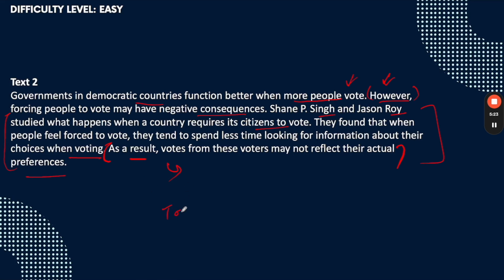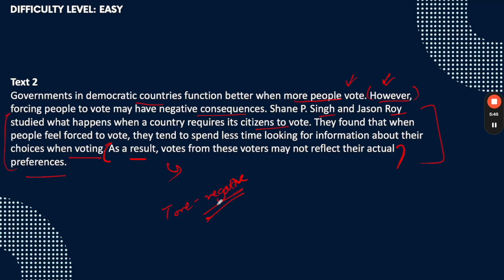Now, the tone over here is negative about the research that's been discussed in text 1, right? The topic of discussion is always going to be the same in text 1 and text 2. And the tone of text 2 is negative. They don't really agree with the text 1 opinion that, when everybody is voting, the country will know the actual preferences of the citizens.